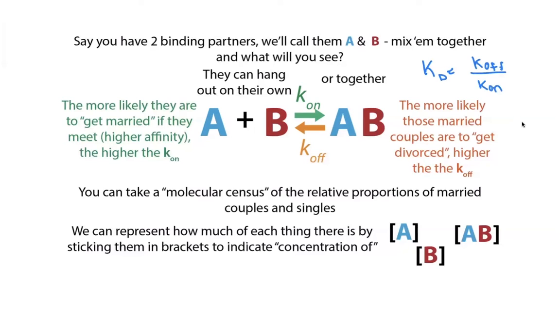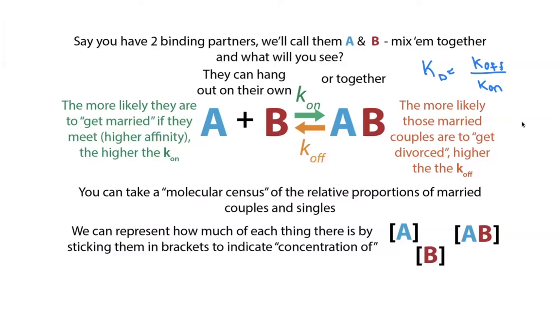So bottom line, these rate constants, these little k things, are going to influence how much of each of these we find at equilibrium. Because of this, we're able to use the concentrations that we find at equilibrium to tell us about the affinity. But it's not going to tell us about the relative contributions of K on and K off.